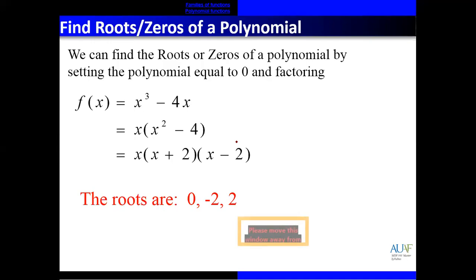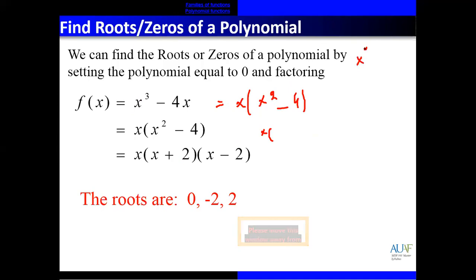You can see here the question: f of x is equal to x cube minus 4x. So if we take x common, x is common, we have x square minus 4, just 4 because x is common. Then you can write x, and we have the formula a square minus b square.